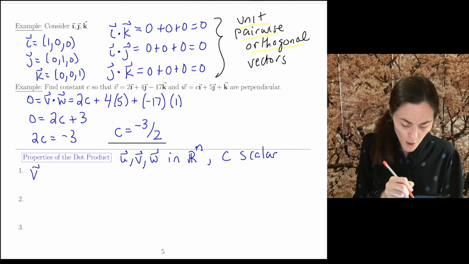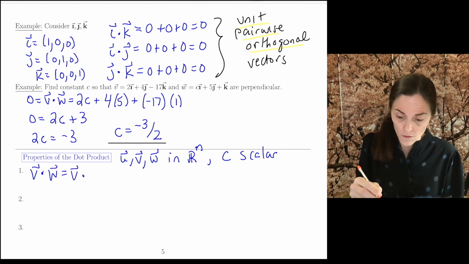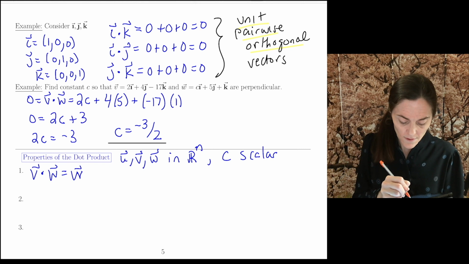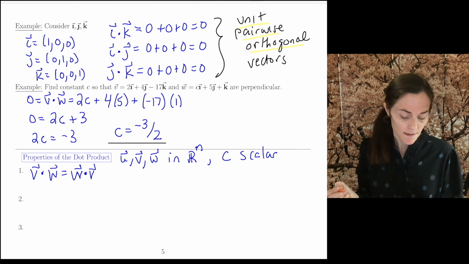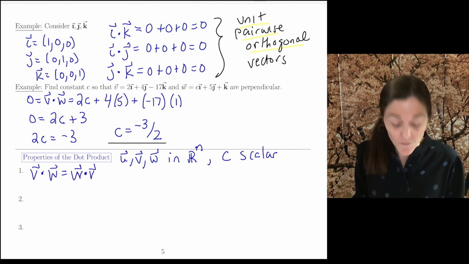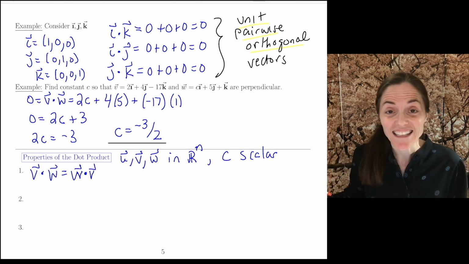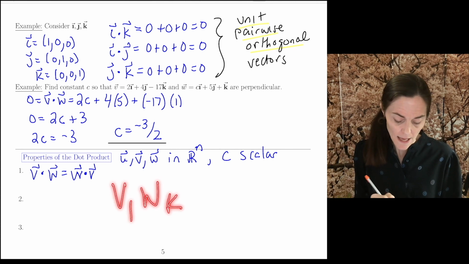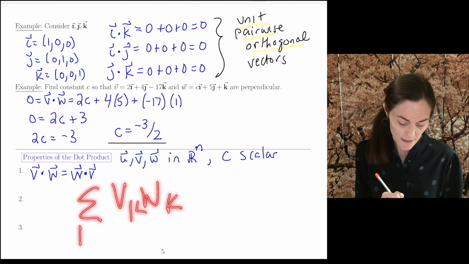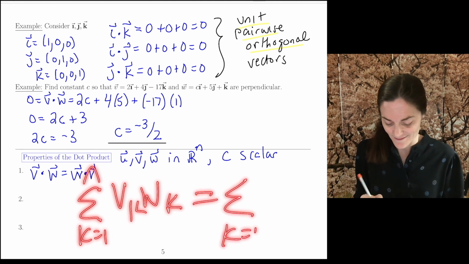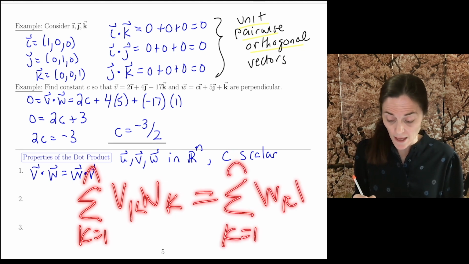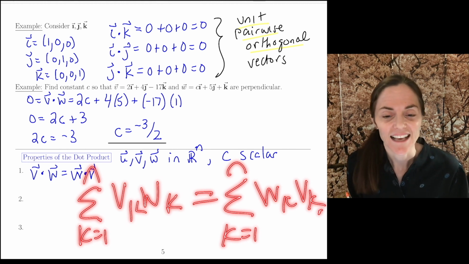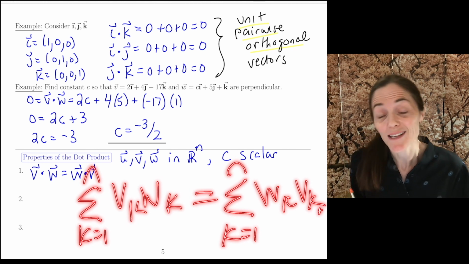First of all, we can take the dot product in any order. We should have v dot w equals w dot v, like this. Now this makes sense if you think algebraically. Well, we would just have a sum of v_k w_k, this would be a sum, k equals 1 to n. But you could certainly write it as w_k v_k, right? And so that would tell us v dot w is w dot v.